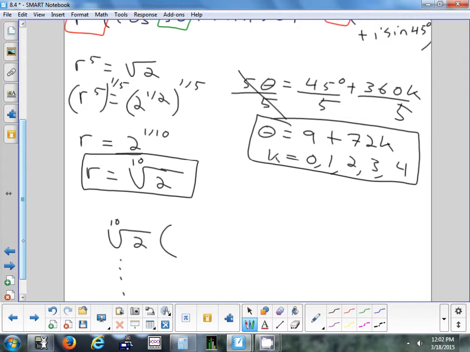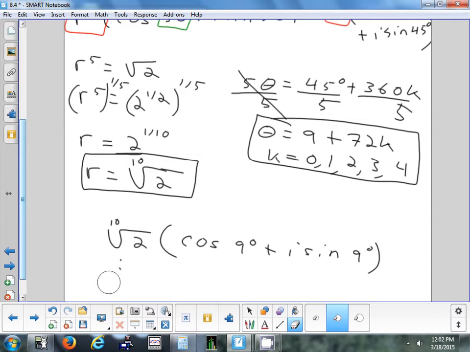So the first one would be let k equal 0. It'd be cosine 9 degrees, I sine 9 degrees. I'll do one more just so you have it. Same radius. Let k equal 1. 72 times 1 is 72, plus 9 is 81.